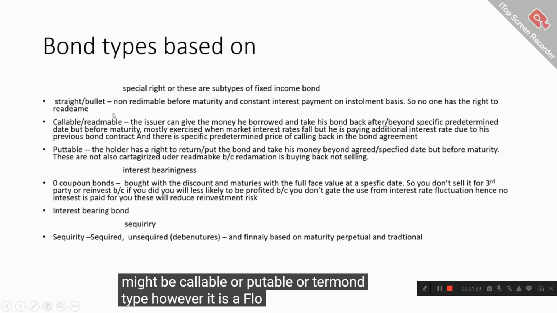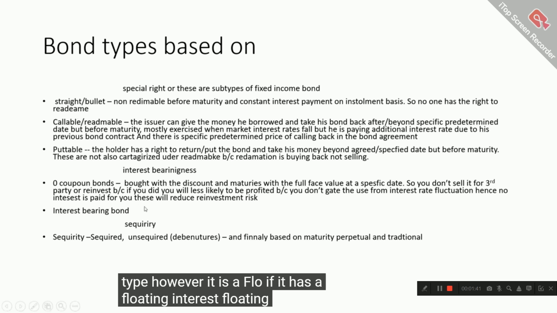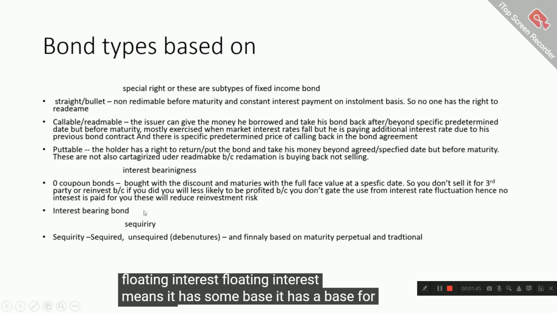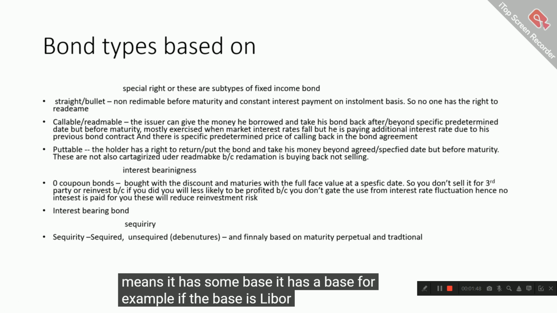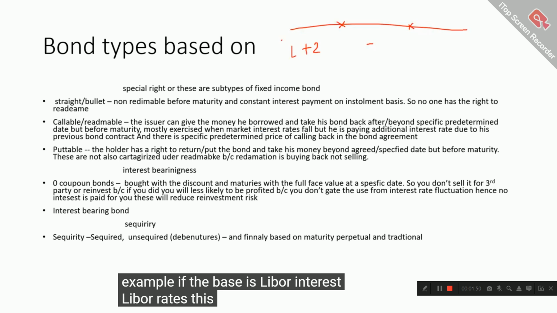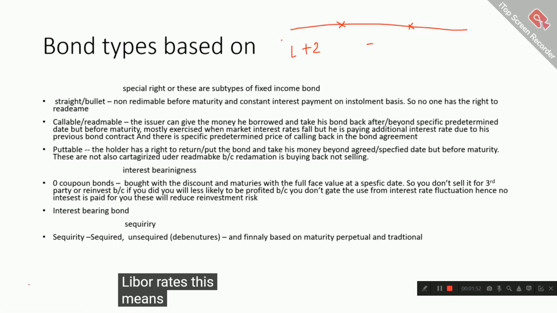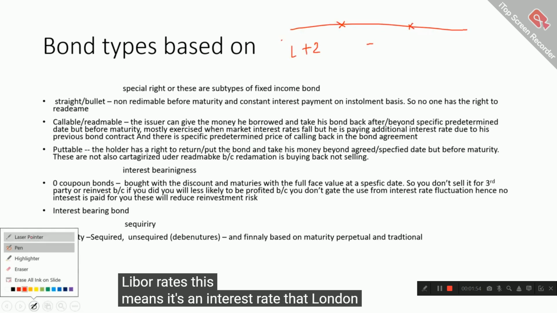However, if it has a floating interest, it means it has some base. For example, if the base is LIBOR rates, this means it's an interest rate that London banks borrow.